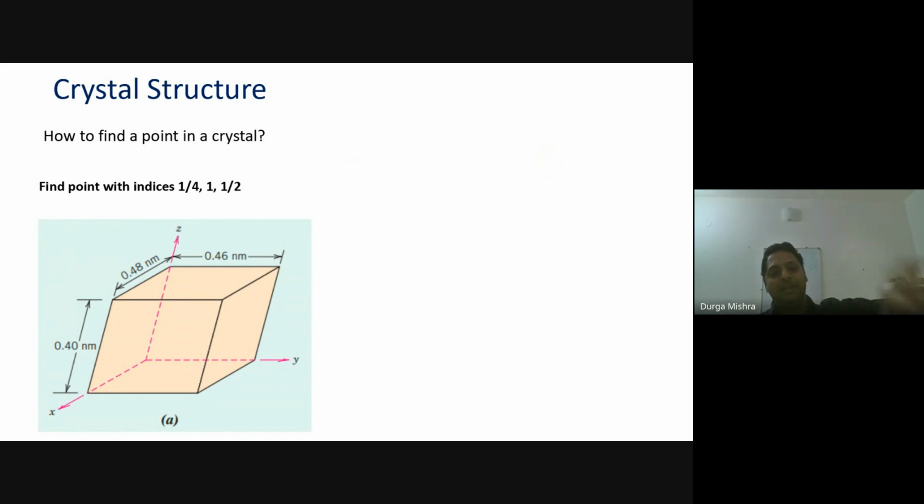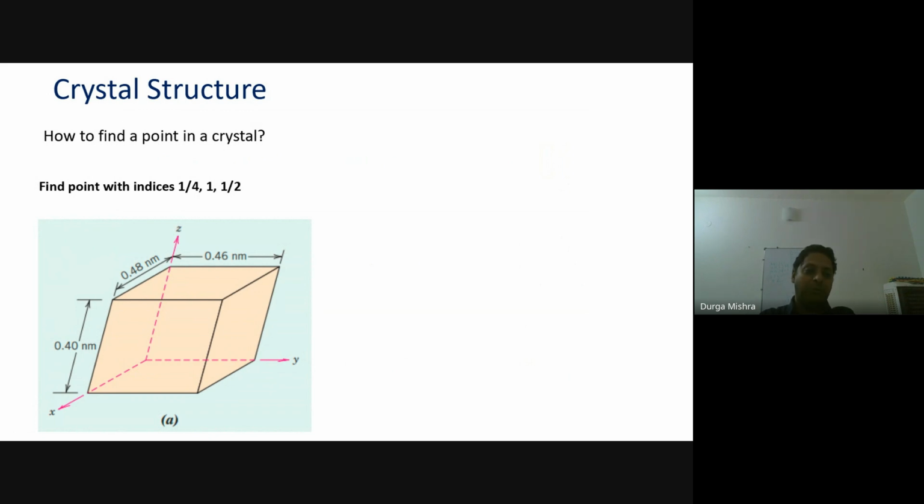So we have taken a very random crystal here, not necessarily cubic, so the A, B, C axes can be different here. That is what is being shown. We have defined the axes: X, Y, Z are shown, and we have also defined the cell parameters.